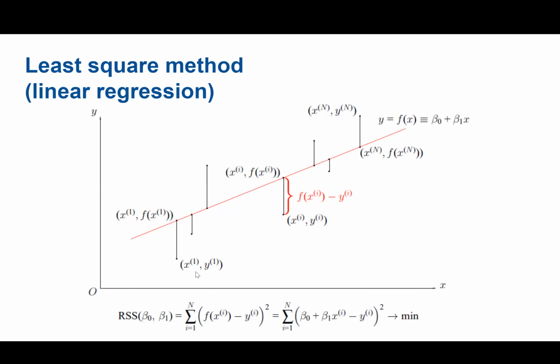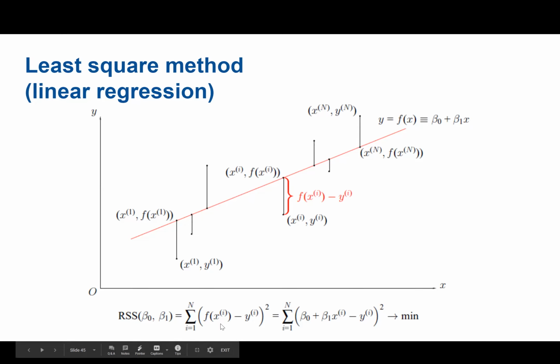You have points x1, y1, x2, y2, and so on, xn, yn, and we want to find a linear function b0 plus b1 times x, such that the squared errors are minimal. Find b0 and b1 to minimize the so-called residual sum of squares.